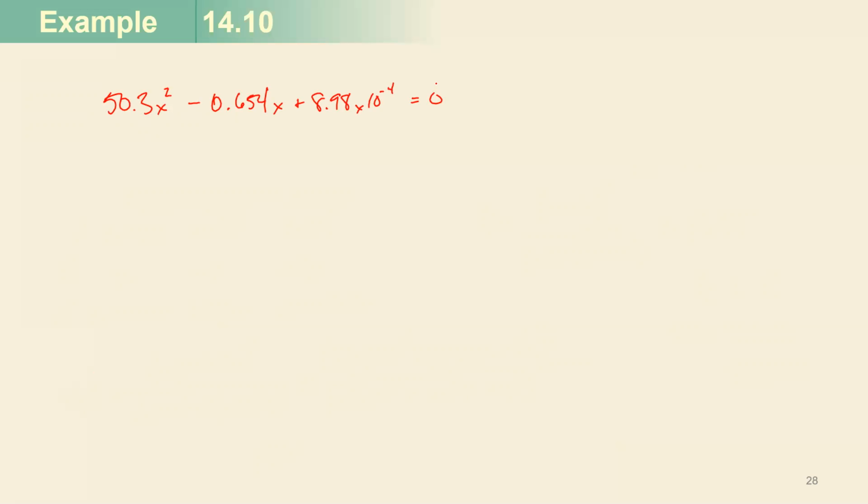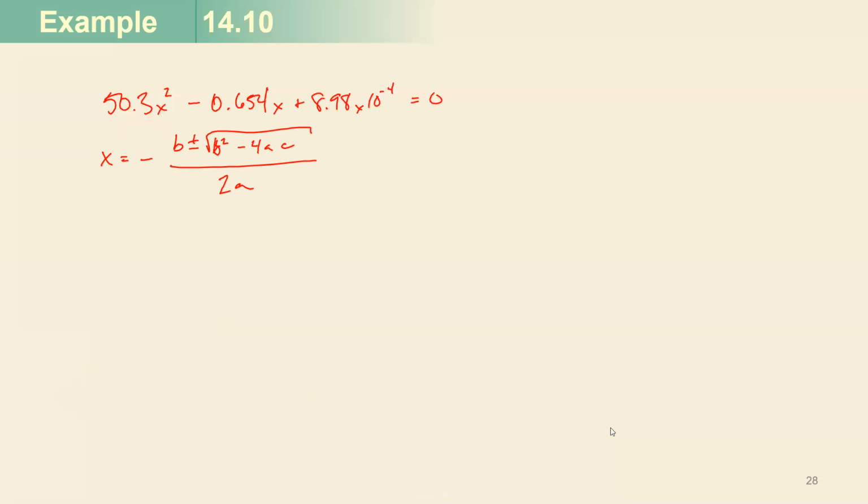So we need to solve the quadratic equation in order to get our answers for x. Right? And so remember that x is equal to negative b plus or minus the square root of b squared minus 4ac over 2a.